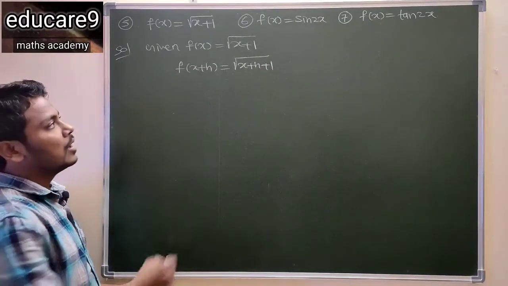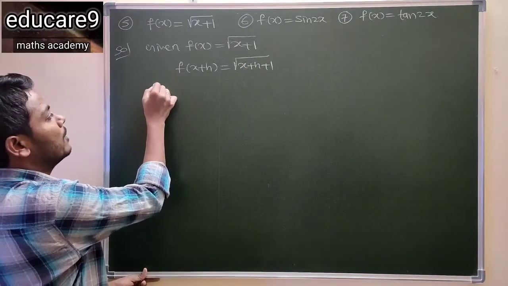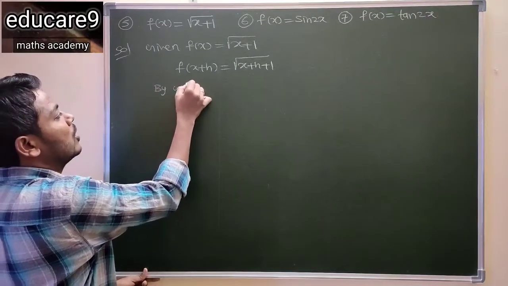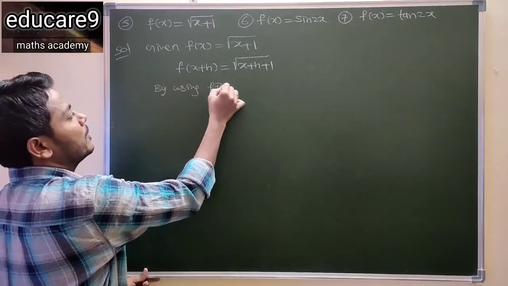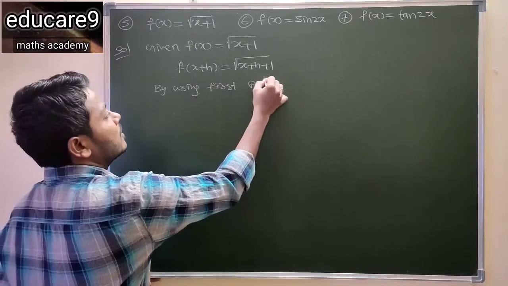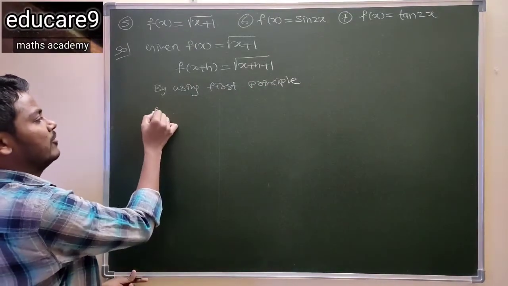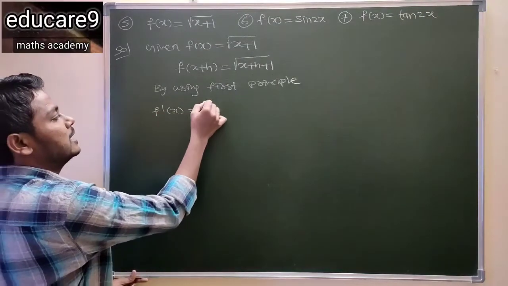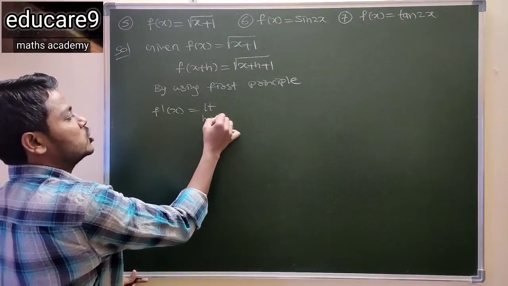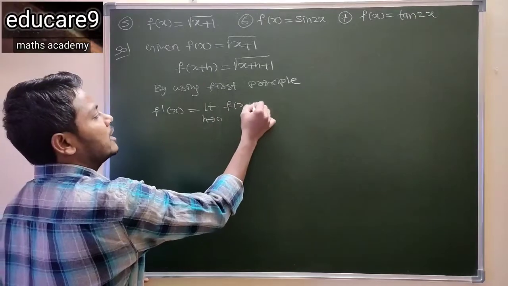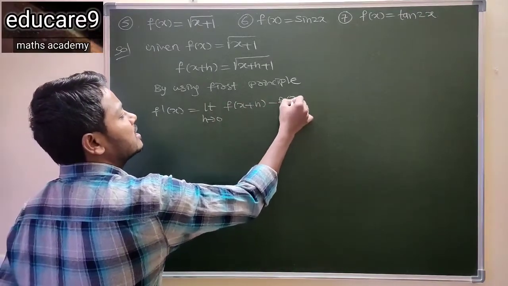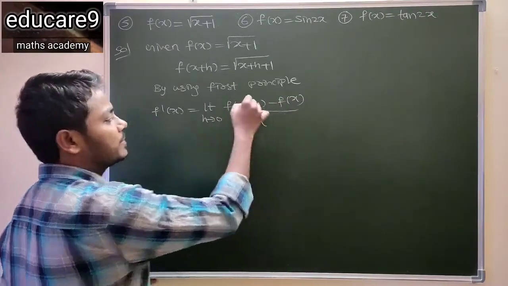Okay. Now by using first principle, so what is the first principle? f dash of x is equals to limit h tends to 0 f of x plus h minus f of x by h.